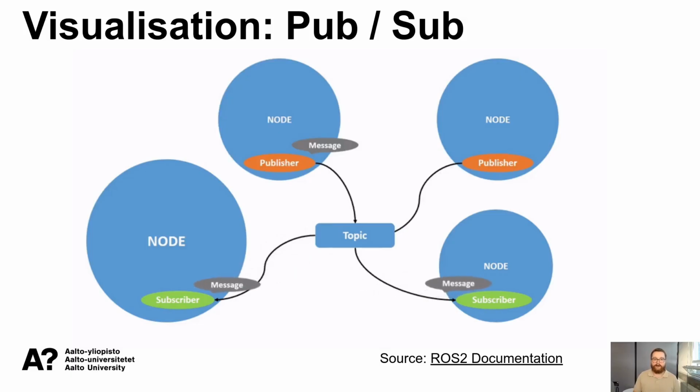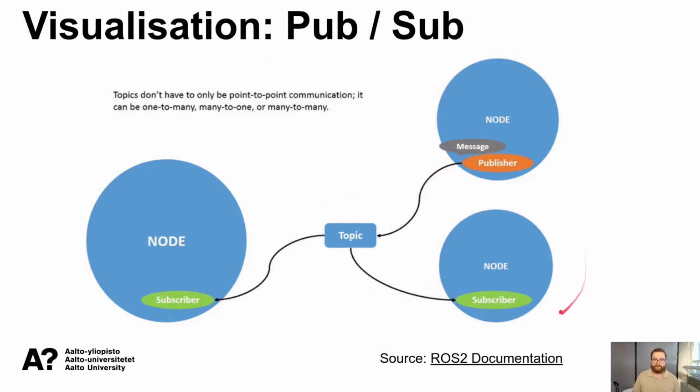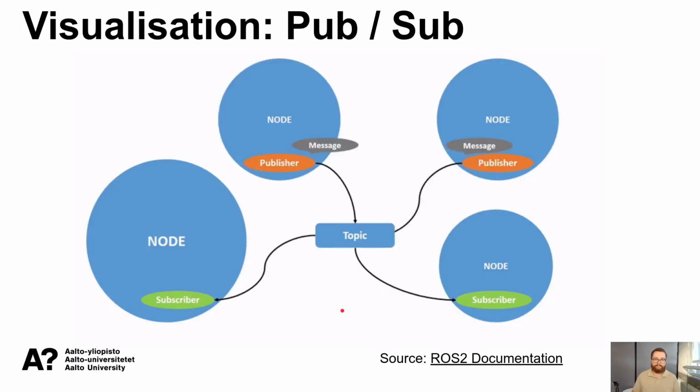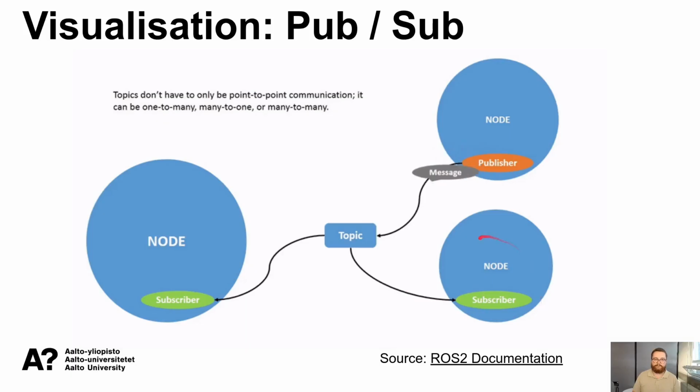And here are illustrations of that with publishers and subscribers and messages that are fed through a topic. Here is one-to-many: the publisher is sending messages and the subscribers are receiving those messages. And here we have two publishers that are sending messages, and two subscribers that are listening to the messages.